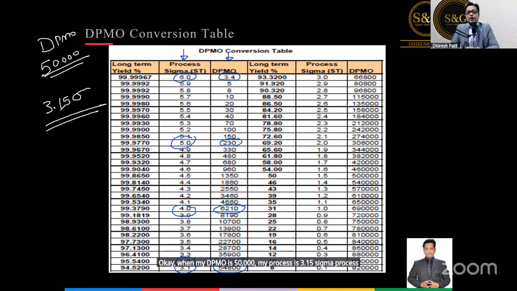Are you clear? This is how you can calculate the defects per million opportunities, and then you can calculate your current sigma level. Clear with this? Just give me a quick yes in the chat box. Everybody's clear about it? Any question, any doubt, please let me know.